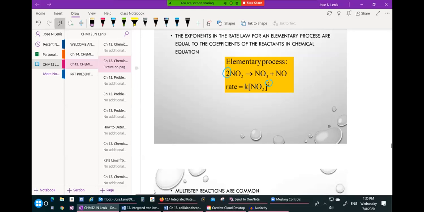I know some of you already jumped on the screen saying, wait a minute. You said before that the order of the reaction, those little exponents in the rate law, can be determined only and only from experimental data.